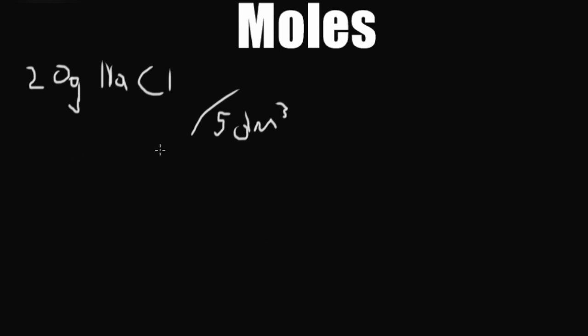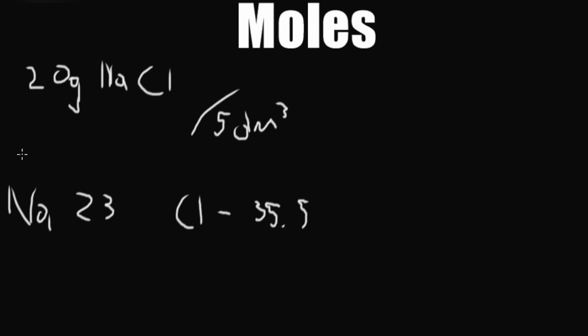How we do this is that the first thing we do is find the RFM, the relative formula mass of sodium chloride. So we know that sodium has a relative atomic mass of 23 and chlorine has a relative atomic mass of 35.5. To find the relative formula mass of sodium chloride, we'd simply add these to get 58.5.